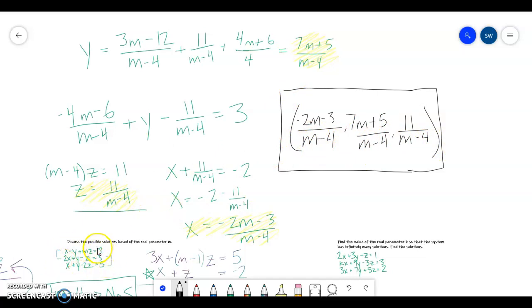What this means is if you choose an m value that isn't 4, because remember 4 gave us no solution, no matter what m value you choose, so like 7, 18, a million, who cares, the solution to these systems of equations will be this point in terms of m. So like say you chose 7 and you wanted to solve this system of equations, you can just plug 7 directly into here and that will tell you the solution to this system. Okay.